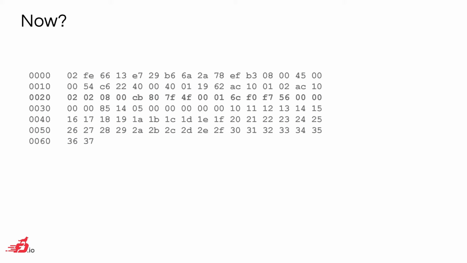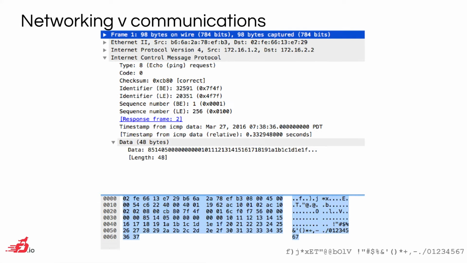I bet if you were thinking, this guy's a Cisco networking developer type, what would be the first thing he would test if he just developed a feature? When you convert that into bits, it looks like that, and you're probably seeing that it looks a lot like a Wireshark trace. And in fact, yes, it is a ping. So why go through all that? Well, on the wire, and when I start talking about networking versus communications, it is all bits.